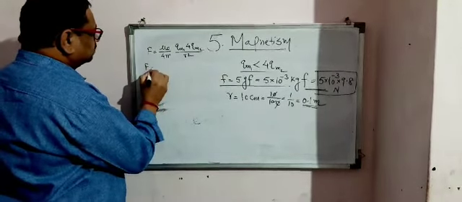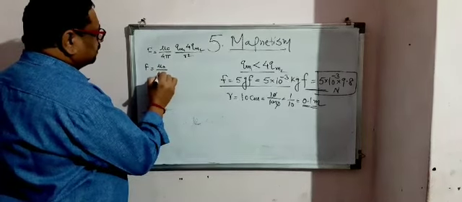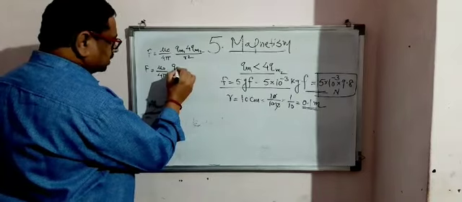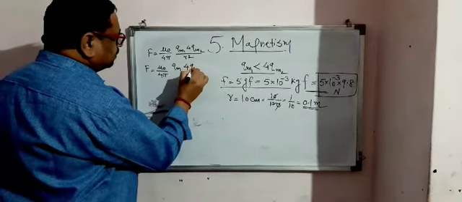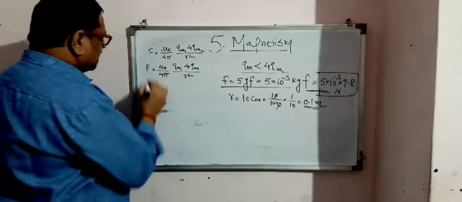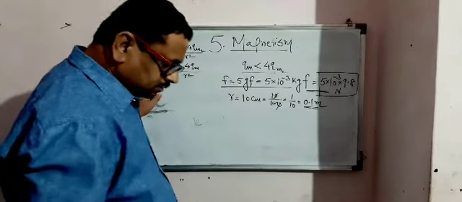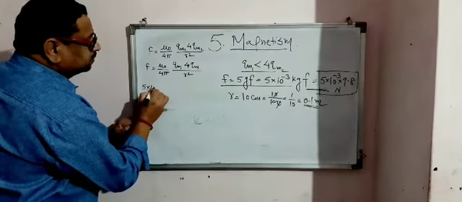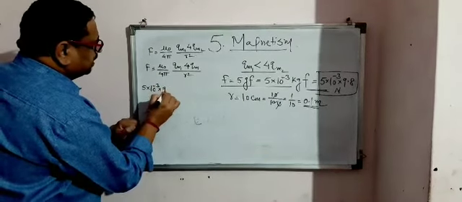F is equal to mu 0 by 4 pi, this can be written directly like this: 4QM upon R square. What is the value of F? F is given as 5 into 10 to the power minus 3 into 9.8.